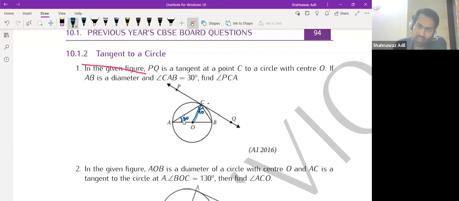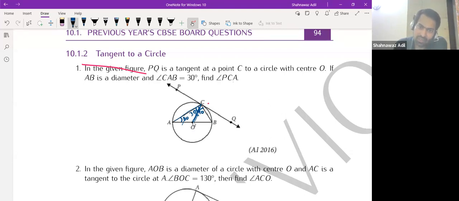Isosceles, right, everyone? So this is isosceles. This is 30, so this is how much? 30 degrees, right? So this is 30. I don't know why this is given, but we don't need this one. We know this 90-degree angle.